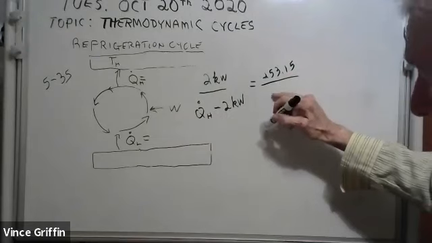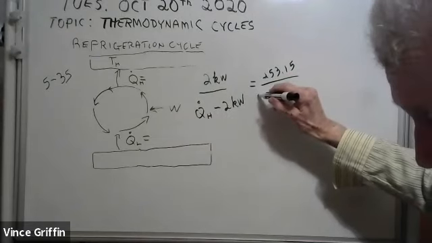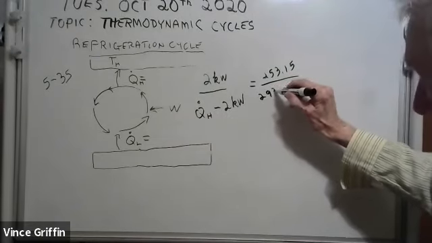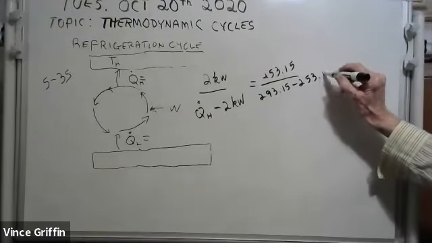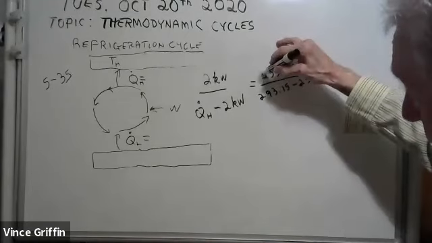And this is the difference in the temperatures. This is the 293.15 minus the 253.15. This is what we had, Reagan.